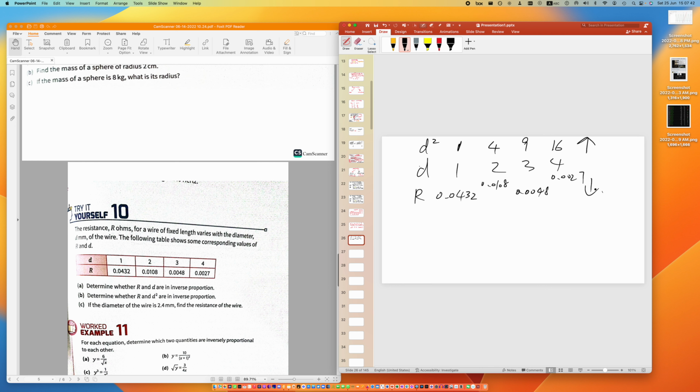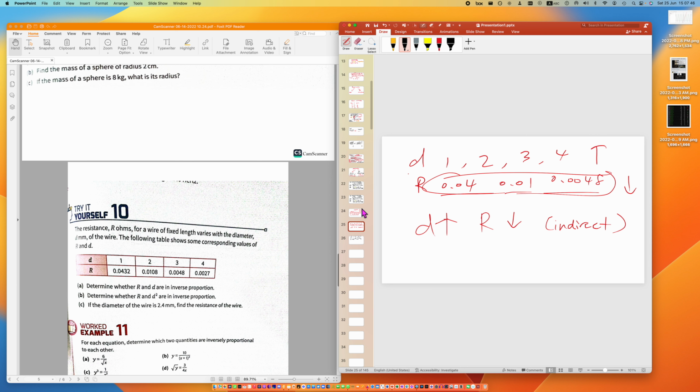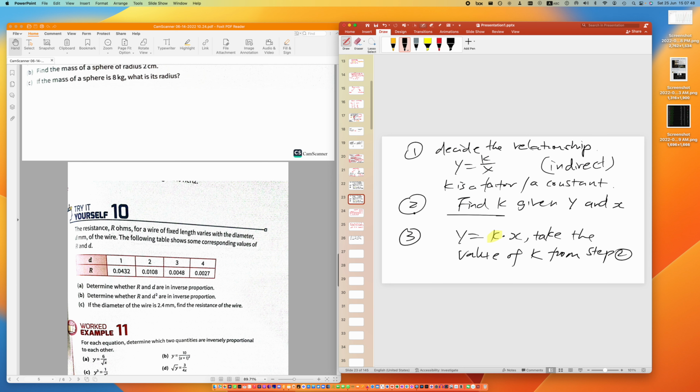Done? Okay, then for part C, you need to use this. So you write down y equals k over x first. Then you replace your y with what?